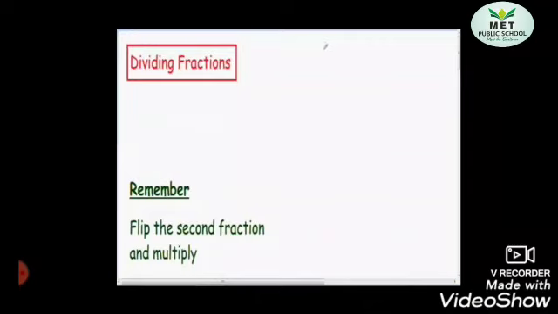Let me give one more example for division of fractions. So here is the example: 1 by 2 divided by minus 1 by 3. So the first number, 1 by 2, I will write as it is, putting the division symbol, and writing the second term, minus 1 by 3.